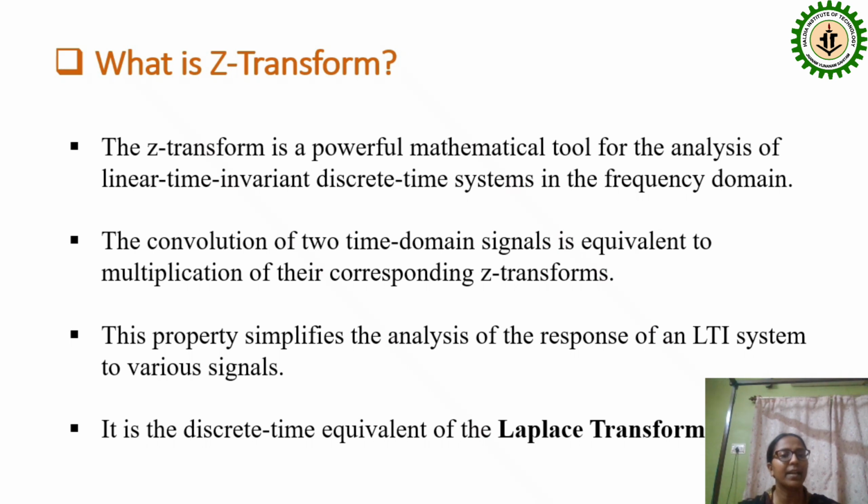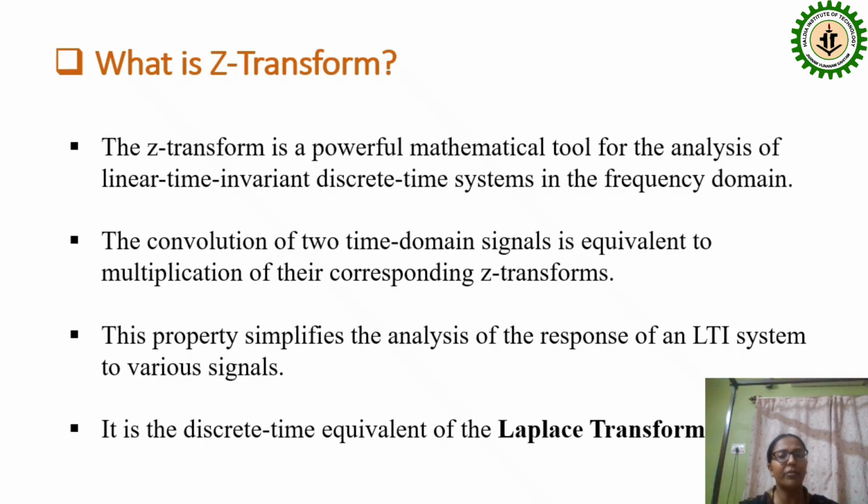The second point is that the convolution of two time domain signals is equivalent to the multiplication of their corresponding Z transforms. That means when you are required to make the convolution, it is better to transform these signals into the Z domain, and then just multiply, so the complexity reduces.